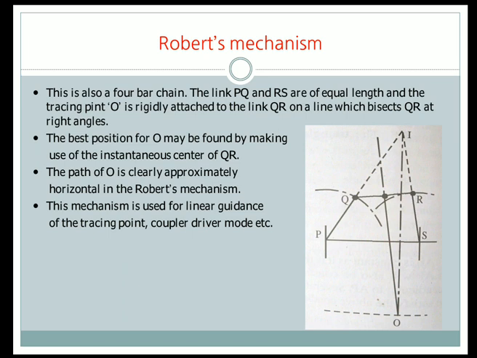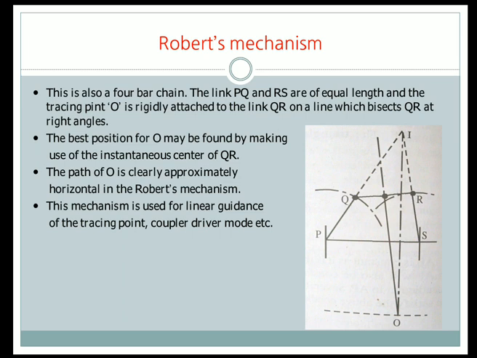So the link QR and the line to the tracing point O are perpendicular to each other. The best position for O may be found by making use of the instantaneous center of QR. When the links PQ and RS are moved with small displacements, the displacements are shown in arcs at the point Q and point R as shown in figure.